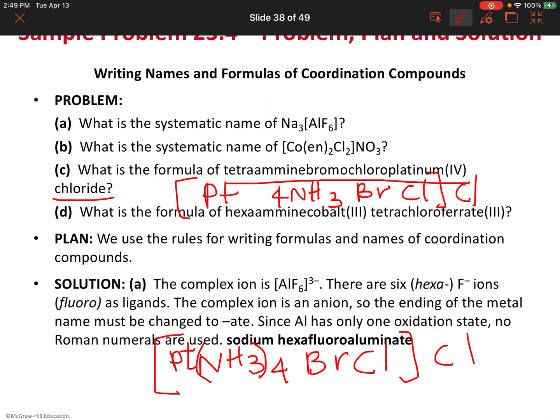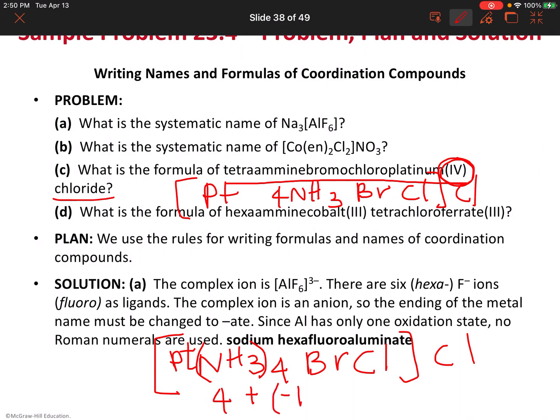Now we need to know how many chloride ions we need. To do that, we need to figure out what is the charge of our complex cation. It says platinum 4, meaning oxidation number for platinum is +4. Ammonia, oxidation number 0 because ammonia is a neutral ligand.